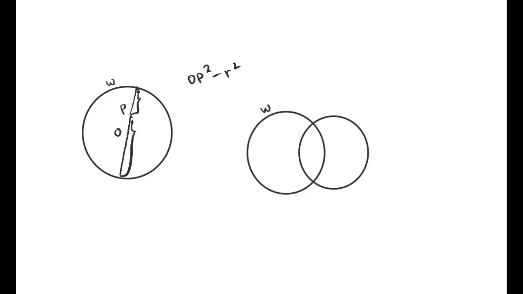So if you let this circle be omega 1 and this circle be omega 2, and you consider any point P, then you can write this as the power of P with respect to omega 1 is equal to the power of P with respect to omega 2. And the radical axis is basically a line that's perpendicular to the line connecting the centers of these two circles.